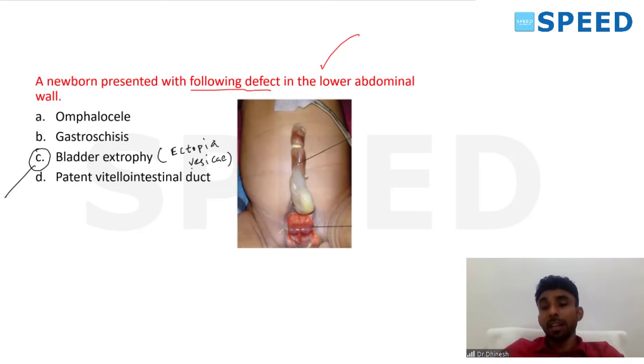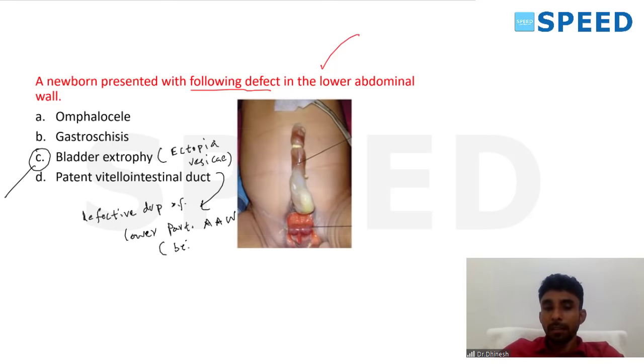So what is the reason for the exstrophy of the bladder or ectopia vesicae? Yes, this condition is due to defective development of the lower part of the anterior abdominal wall, below the umbilicus, the infra umbilical part of the anterior abdominal wall. So what will happen if there is a defect in the development of the lower part of the anterior wall of the urinary bladder?